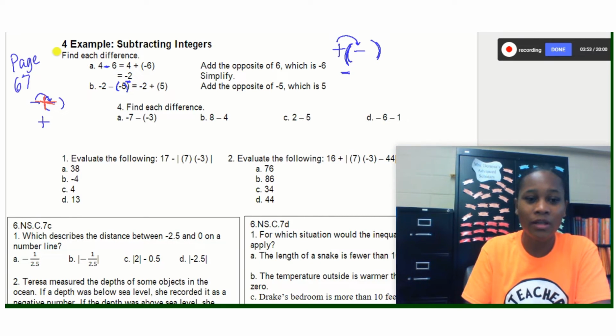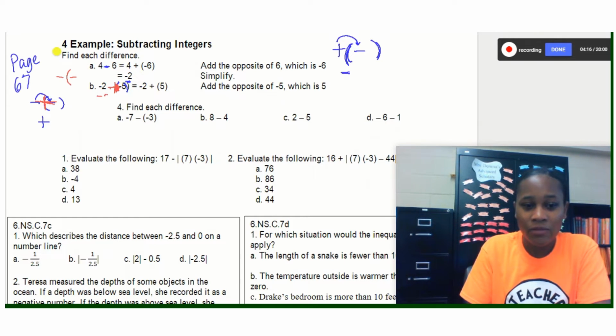So whenever you have a negative times a negative, or two negative signs together, and you're adding or subtracting, you want to just rewrite it as one sign. So we can rewrite this, look at that, just change it to a plus sign. If you make that curved parenthesis straight and then you put those two lines straight, it looks like a plus sign.